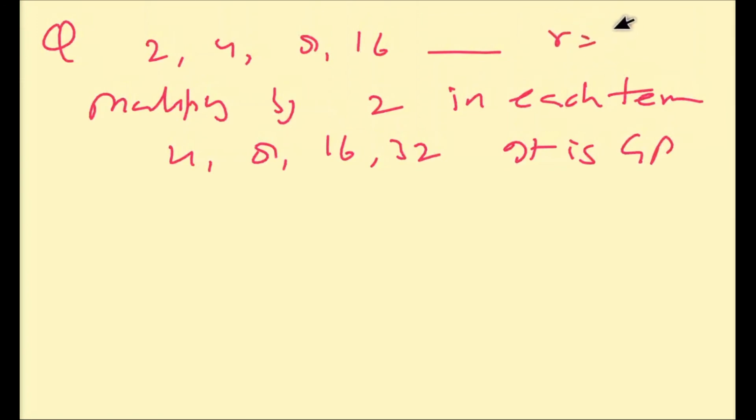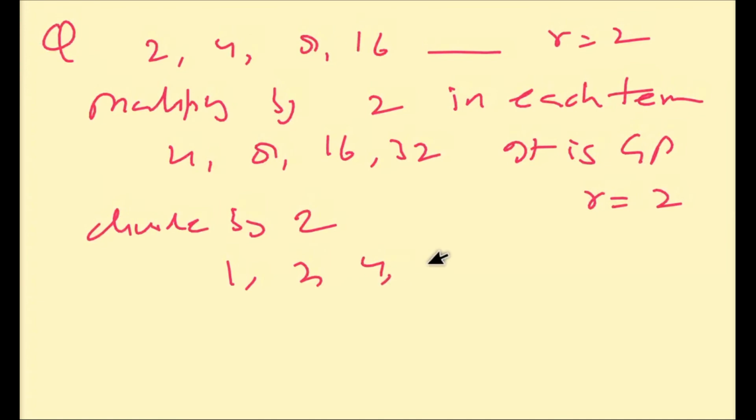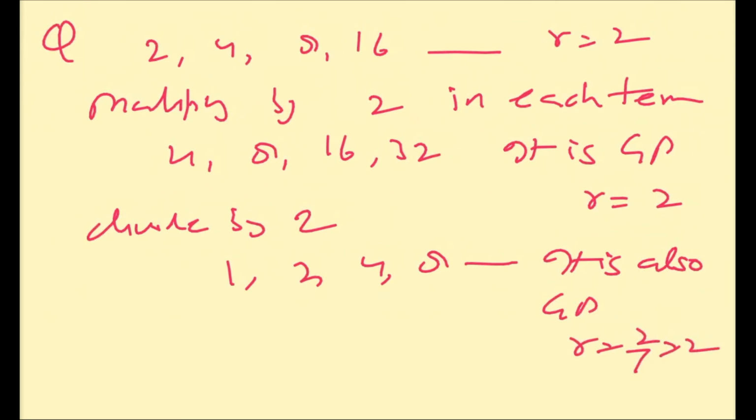Here ratio is 2, here ratio is also 2. Ratio has no change. Okay. Similarly, if we divide by 2, what do we get? 1, 2, 4, 8. It is also GP and ratio does not change.